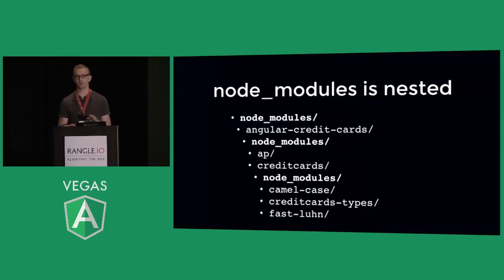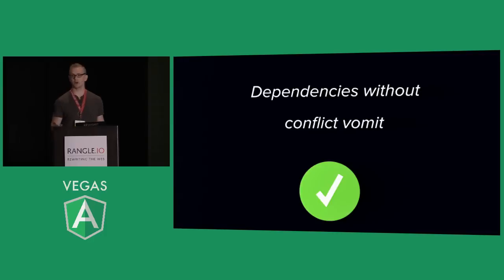NPM installs all of this stuff automatically for you, and if you want to traverse through your file system and go look at this stuff, awesome. You should figure out how it works. It's all very smart. But if you don't care, require Angular credit cards, and everything else happens magically. So we've solved that problem. Dependencies, no conflict vomit.